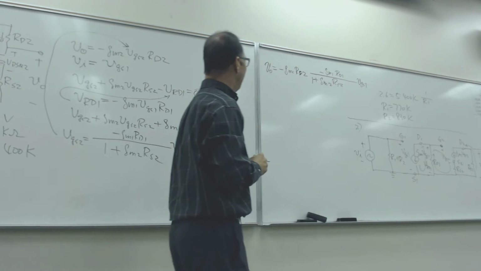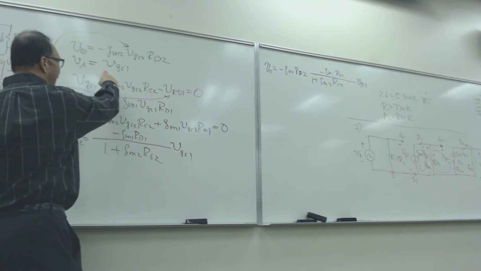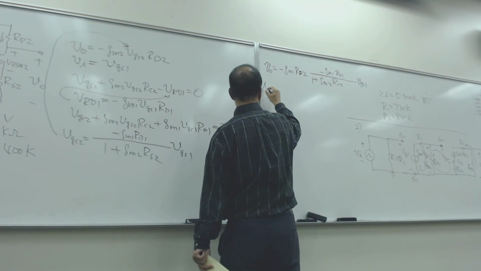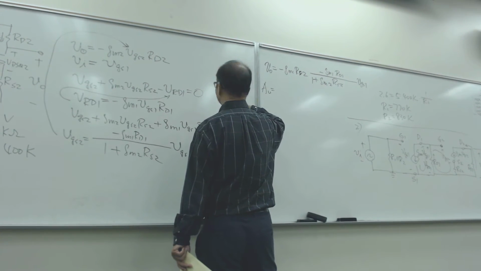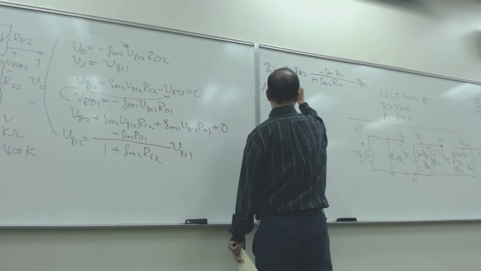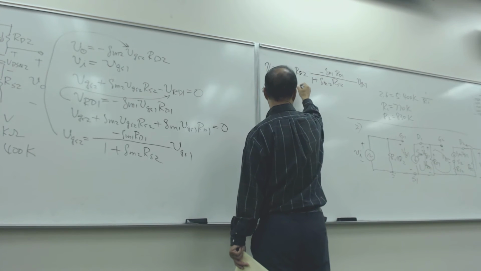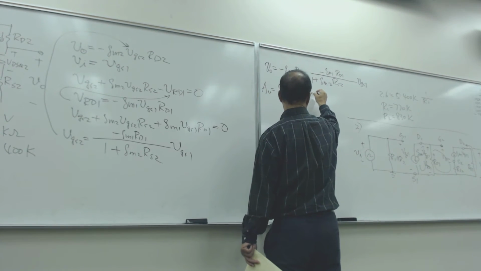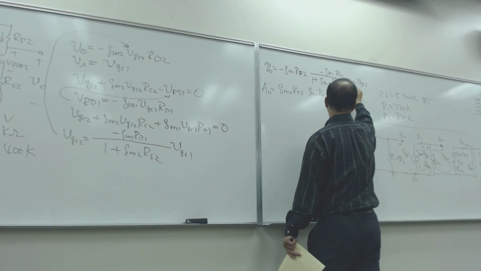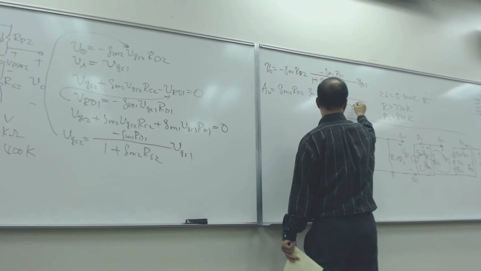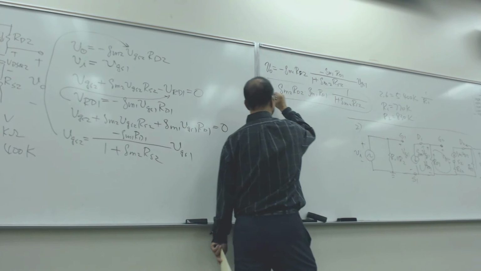Yes? Okay, now this one is that, right? So that makes it very easy. So A sub V now is V0 over VI, right? So basically these can cancel out, right? So it's minus minus becomes plus GM2 RD2 GM1 RD1, right? Times 1 over 1 plus GM2 RS2. So that is the solution.